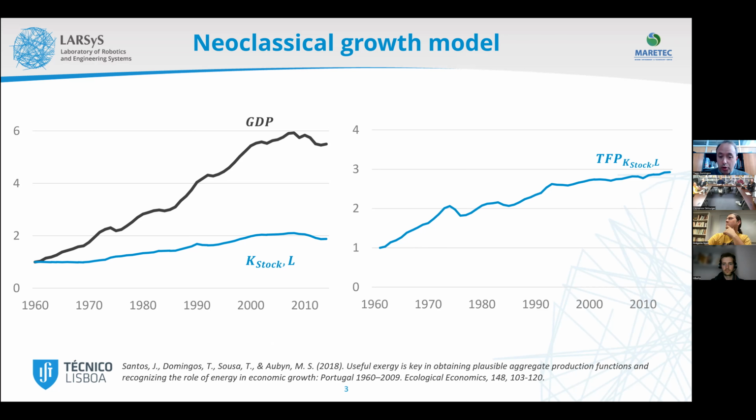And where TFP comes from is a main puzzle in economic growth theory, and the stagnation of TFP is a major challenge in terms of economic policy, and it's all around the place in policy debates all around the developed world. And in fact, in the more advanced developed economies.